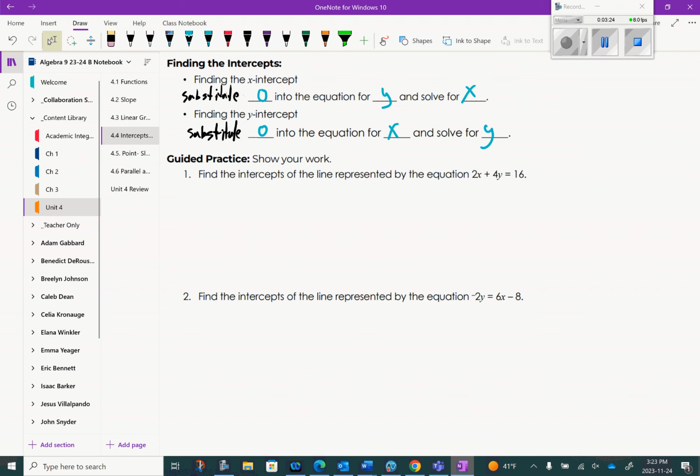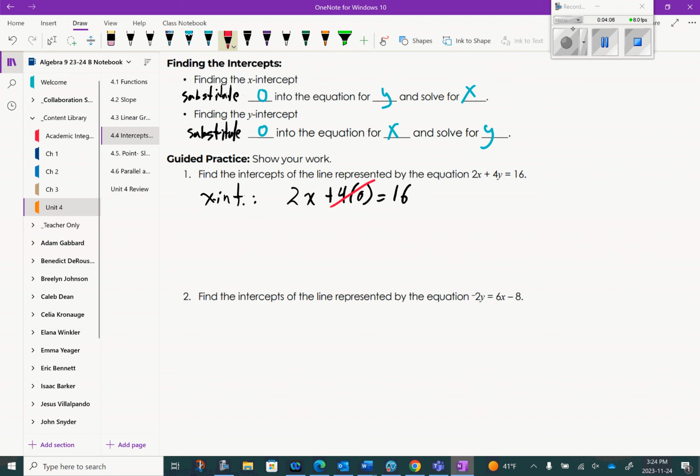So if they give us the equation here in guided practice number 1, where it's 2x plus 4y equals 16 with no graph, it's no big deal. So if I want to do the x-intercept first, I'm going to write 2x plus now 4 times, instead of y, I'm going to substitute 0 in place of that variable, equals 16.